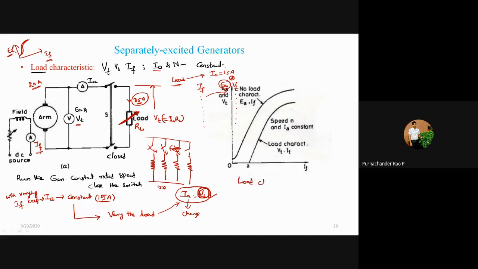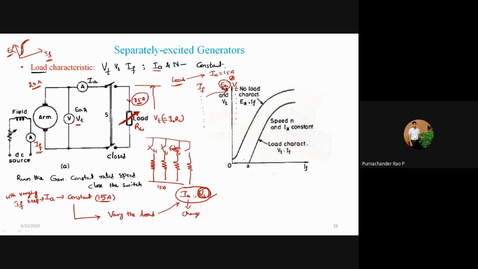This characteristic consists of two characteristics. The first one is the no load characteristics, which is drawn between EA and VT, and the next is the load characteristics. So as IF increases, your terminal voltage is increasing.